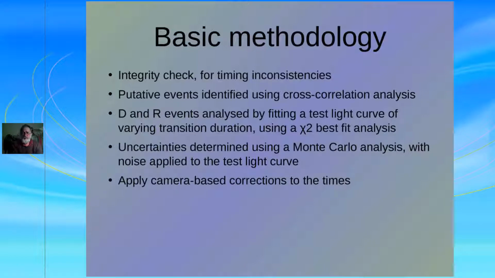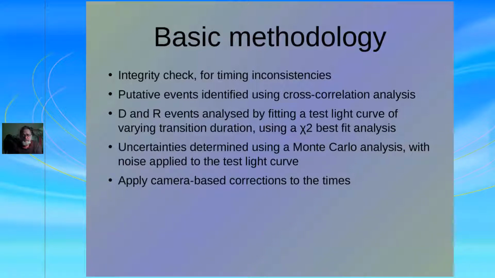When you've identified a putative possible event, the disappearance and reappearance events are analysed by fitting a test light curve of varying transition duration using a chi-squared best fit analysis. That fit is limited to a single step.